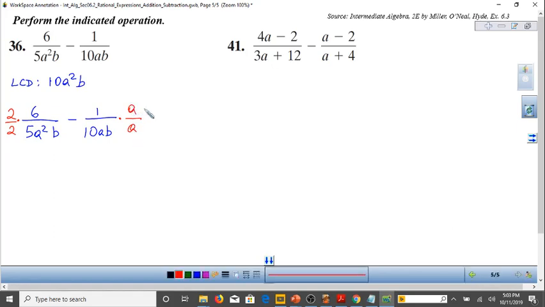When I do that, my result is 12 minus a over the quantity 10a squared b. And that's it. And we just remember that a and b are not allowed to be 0.